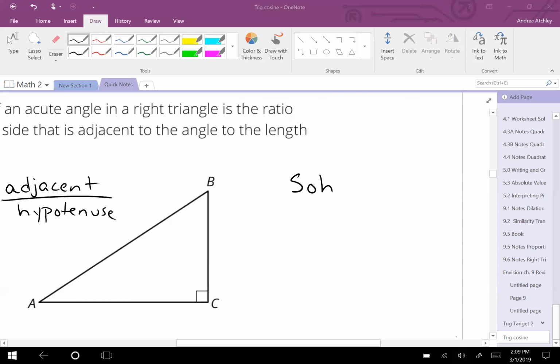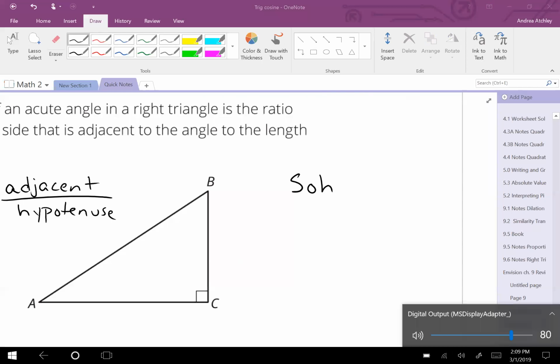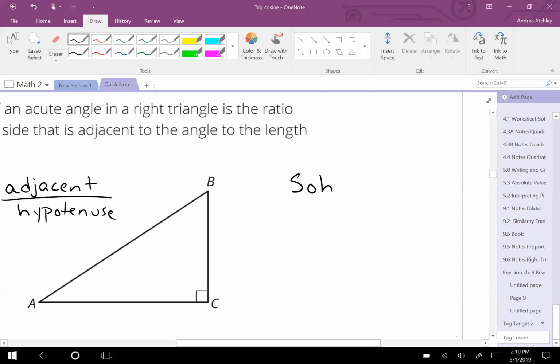Let's see. It won't let me write now. SOHCAHTOA. Okay, SOHCAHTOA.